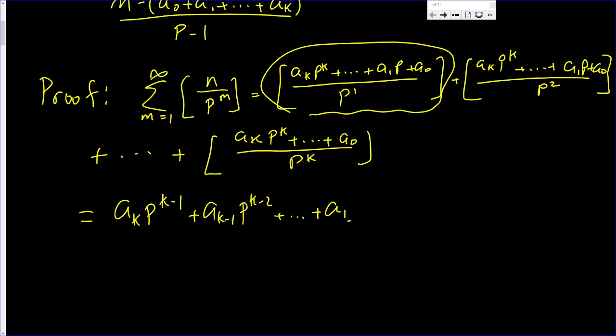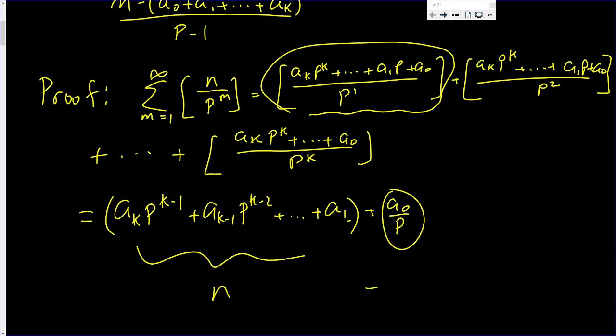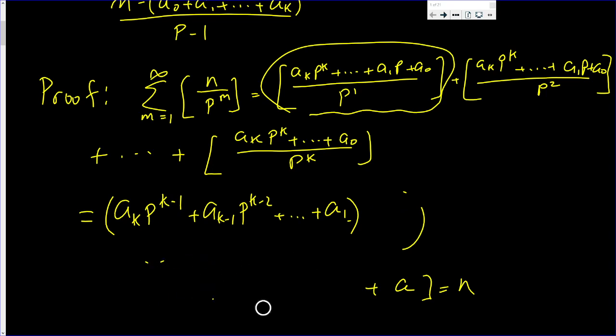All of this is an integer. And then if I add a sub 0 over p, this is less than 1. So that's like my n before and that's like my a. The greatest integer of this is just n. So I don't need to put the greatest integer function notation, and that's all good.